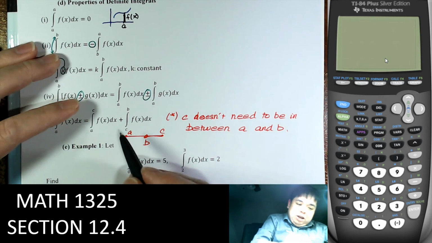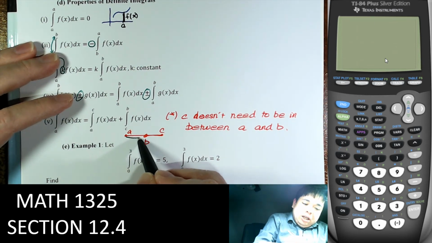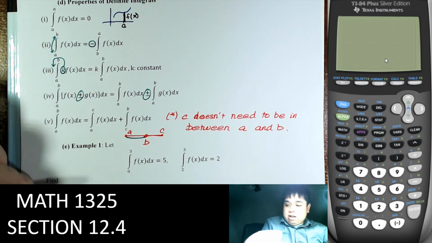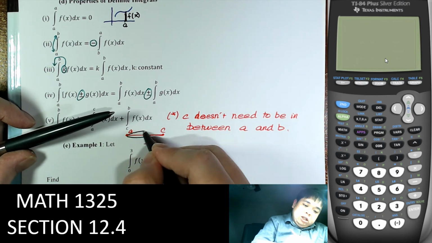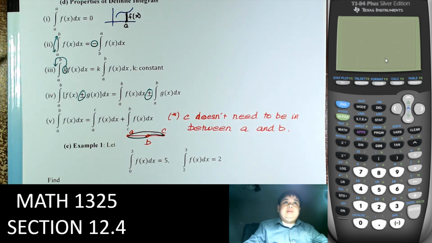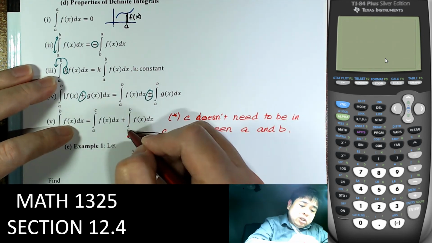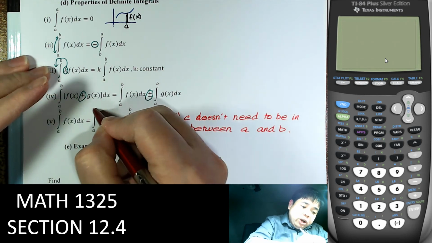So if we want to go from A to B, that's the same as from A to C and then back to B. In that case, from A to B we can just split.